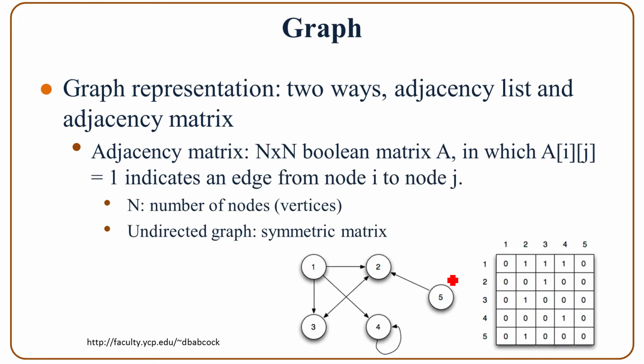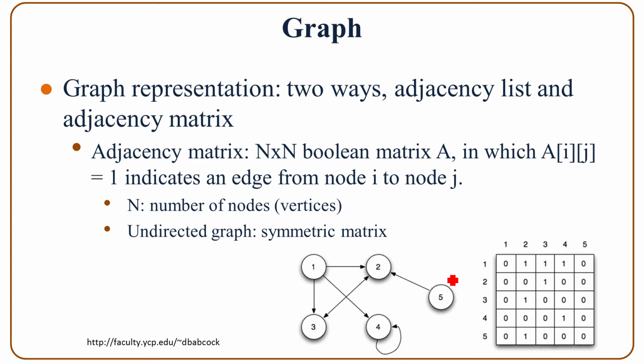Another way of graph representation is to use an adjacency matrix. So in an n by n Boolean matrix A, A[i][j] equal to 1 indicates an edge from node i to node j.